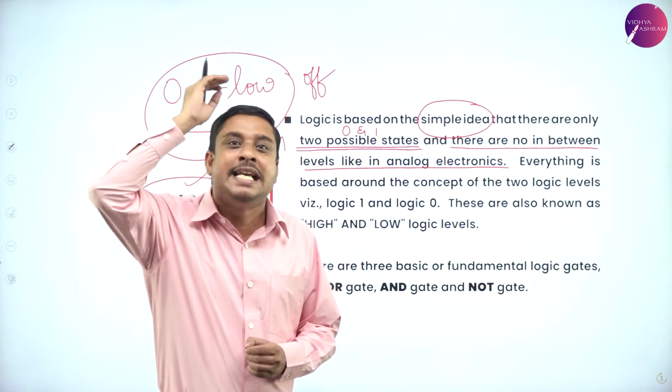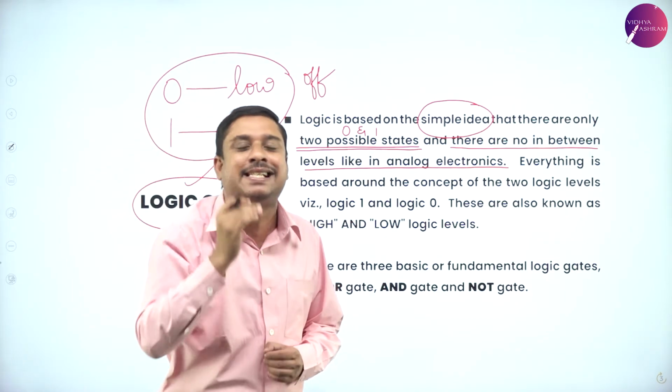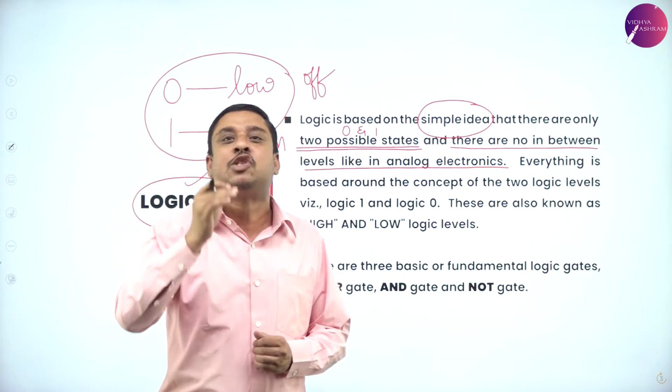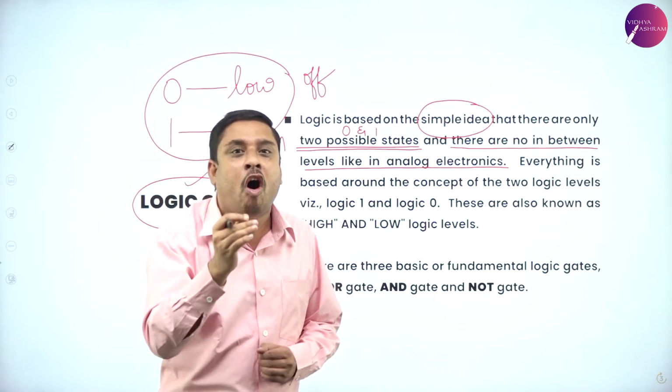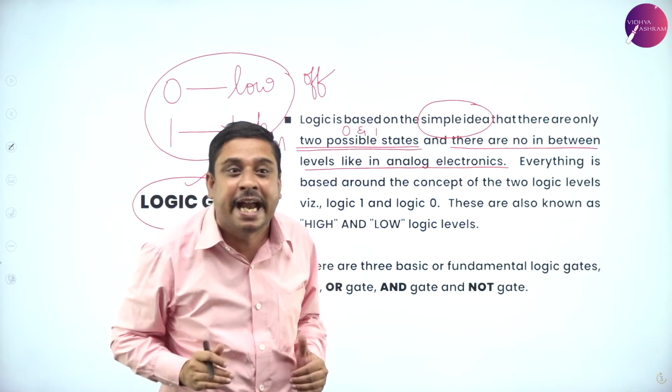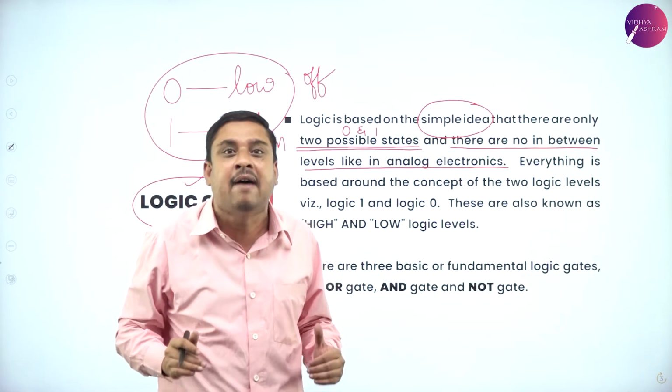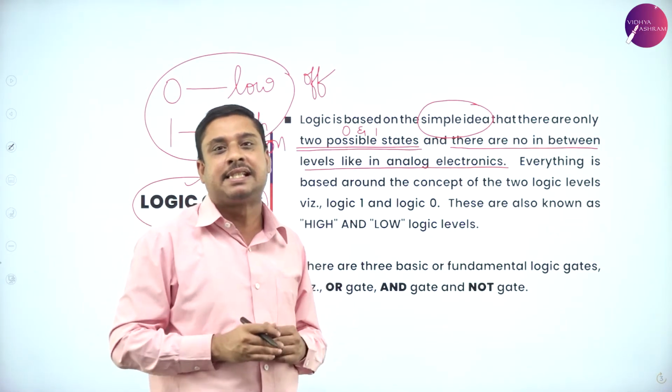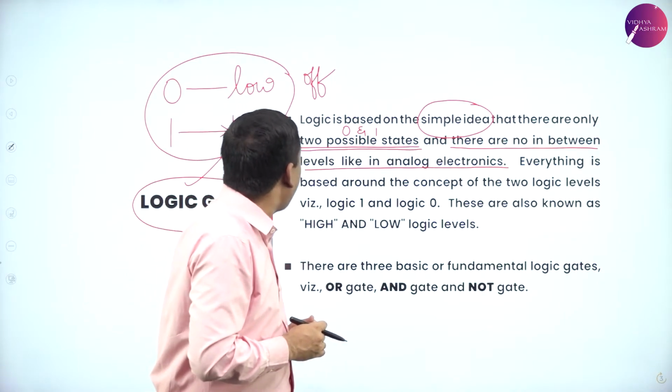Anything which is in the on state is said to be high or in the one state. You cannot have an in-between state between 0 and 1.